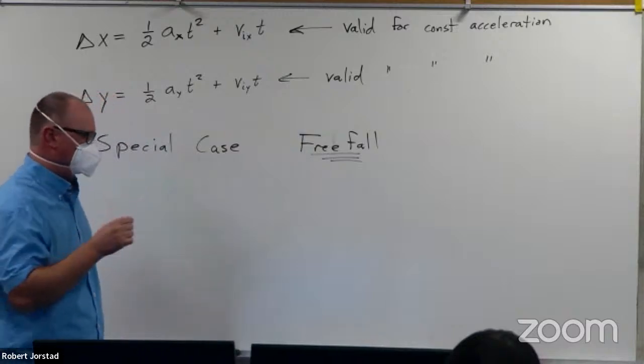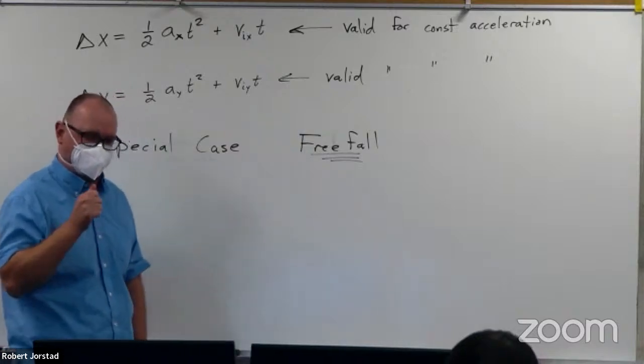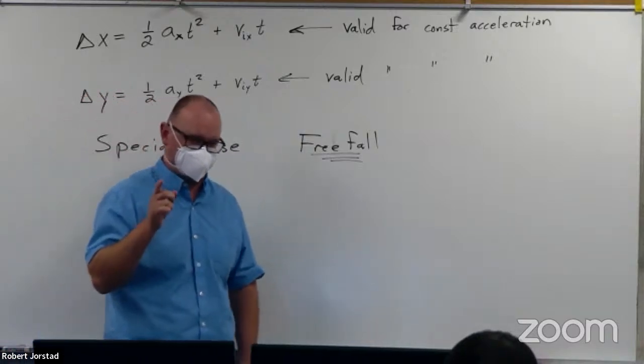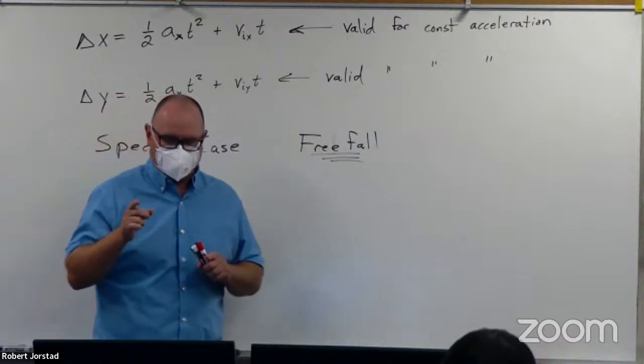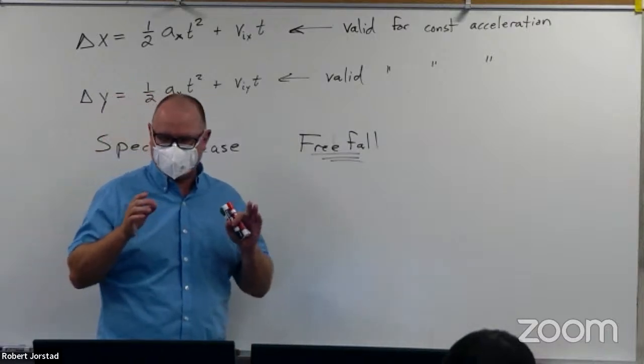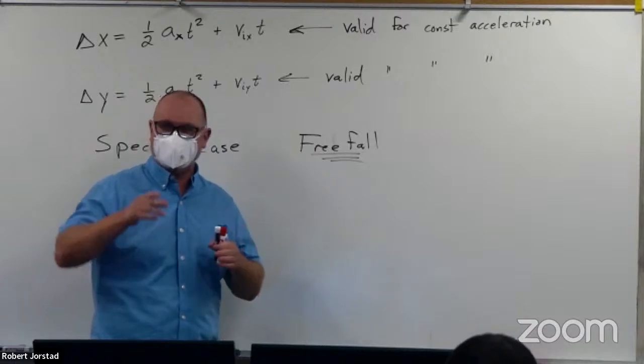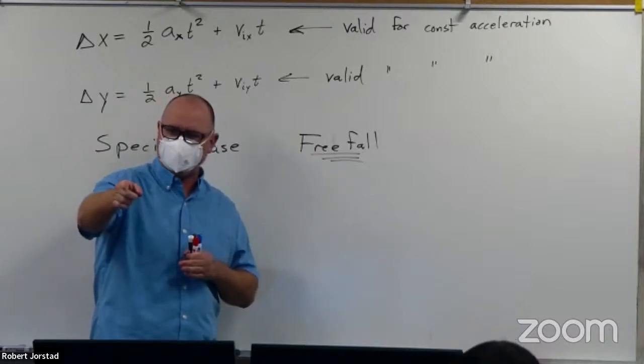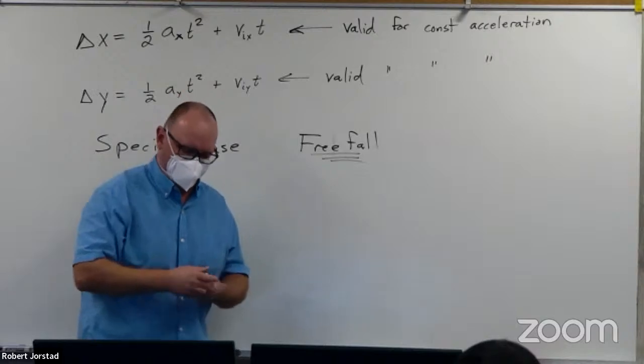So he said falling and you reach terminal speed. It turns out we don't want to think about reaching terminal speed. In free fall, we actually assume no air resistance, and then you'd never hit terminal velocity. So maybe I'll say it this way.